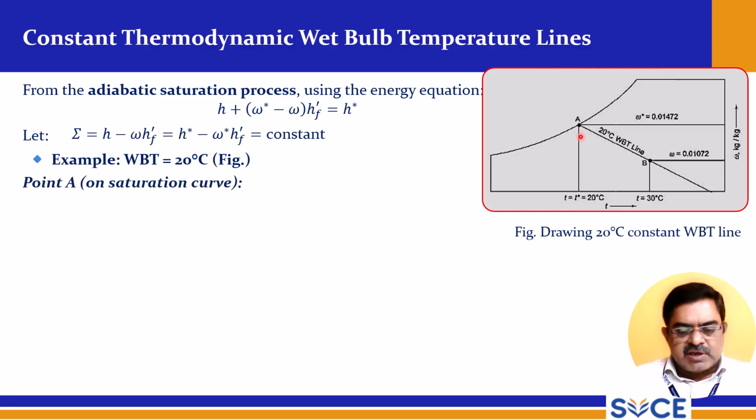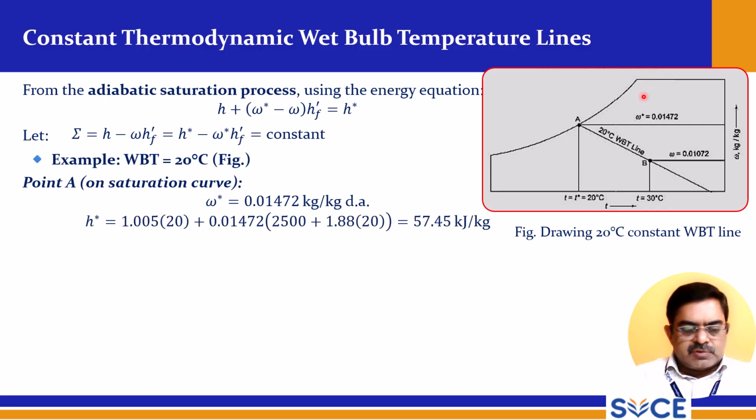This 20 degrees we are measuring from the dry bulb temperature, and point A on the saturation curve has omega star equal to 0.1472 kg per kg of dry air. So this is the omega star, and this meets at point A on the saturation line. So H star is equal to 57.47 kilojoules per kg.